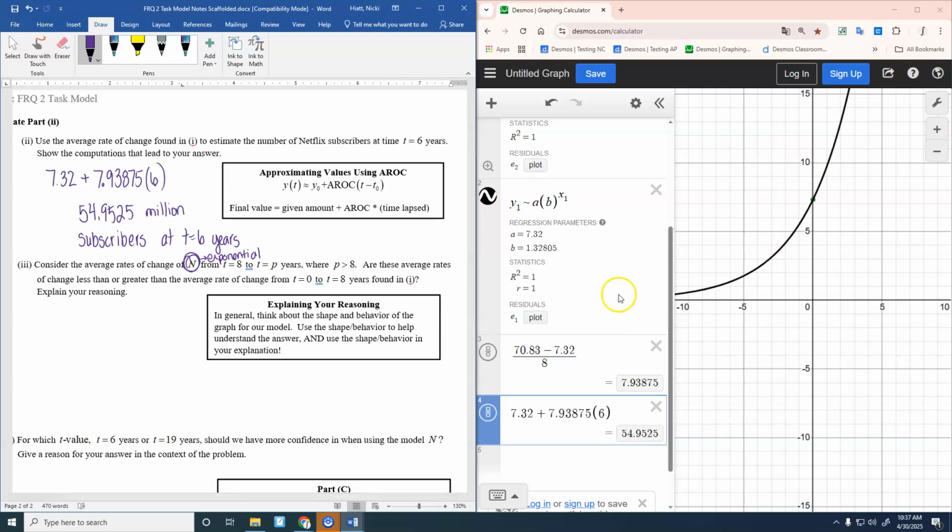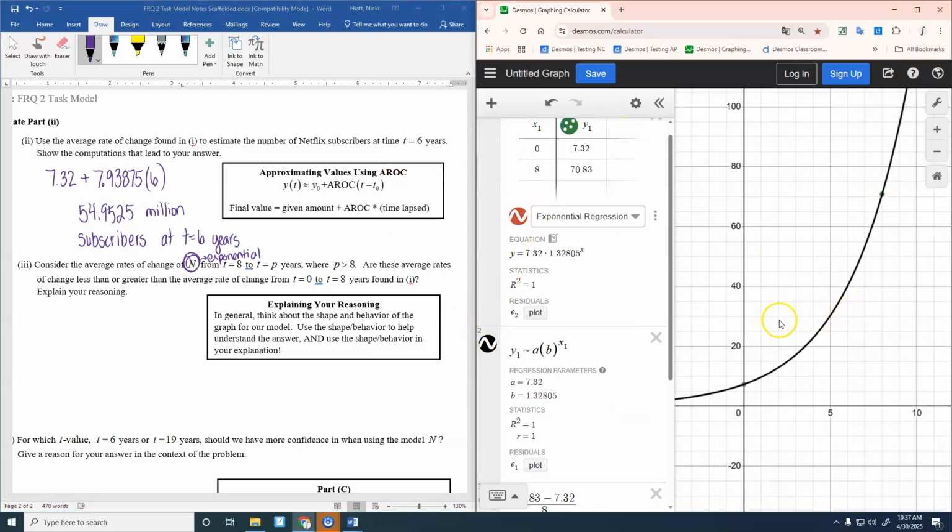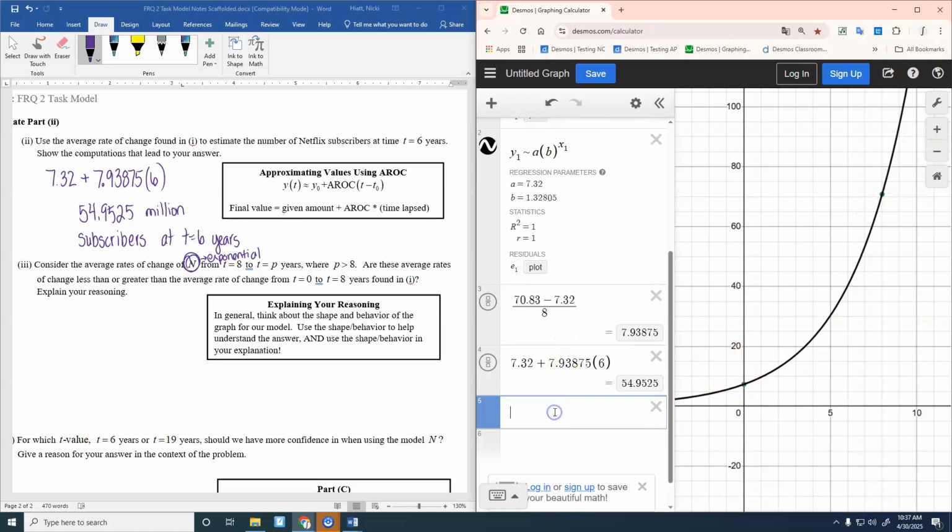So if I look at what I've got graphed here, if I were to draw a line, it's going to be y equals 7.93875 x plus 7.32. There's the line through those points right there, and that is just y equals mx plus b. I got a slope and the y-intercept.